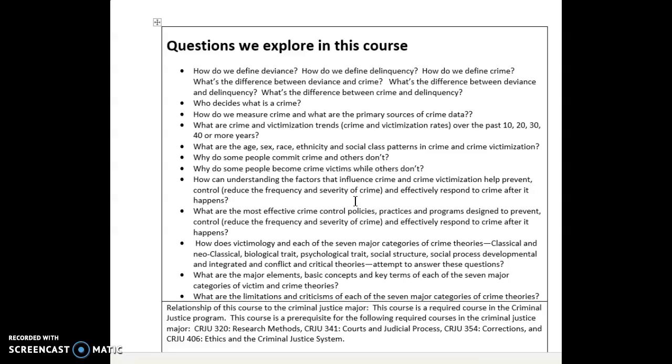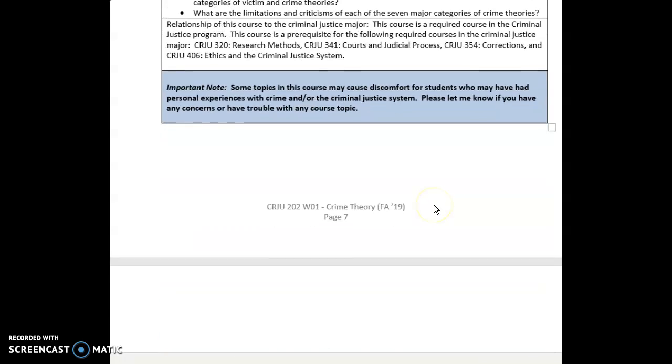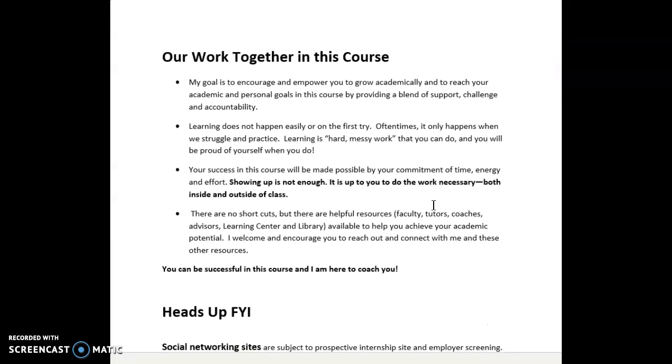We are hoping that our crime control policies result in the termination of criminal behavior. We don't want individuals to continue to commit crime. That's called recidivism, and that's what we're going to look at.